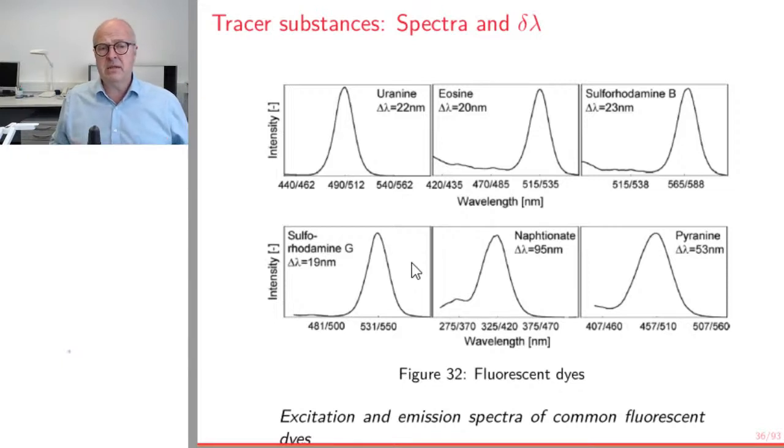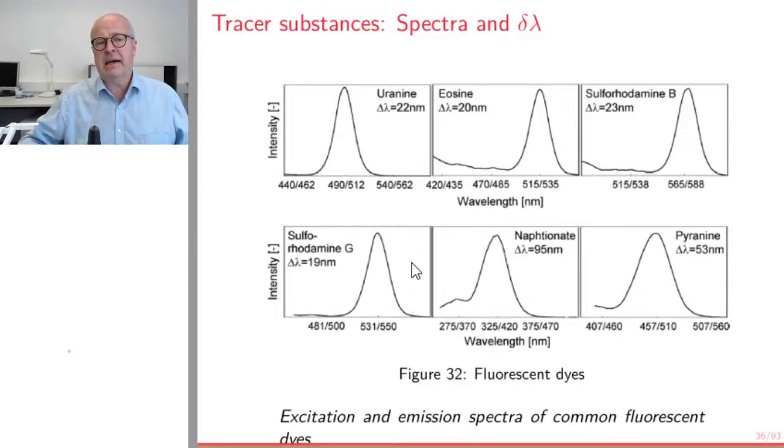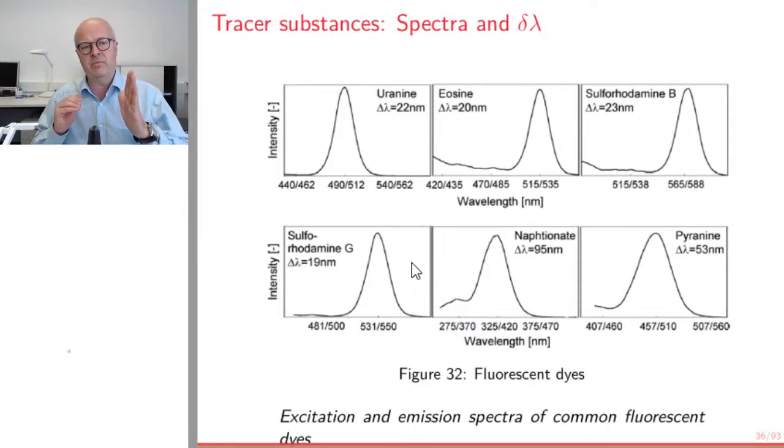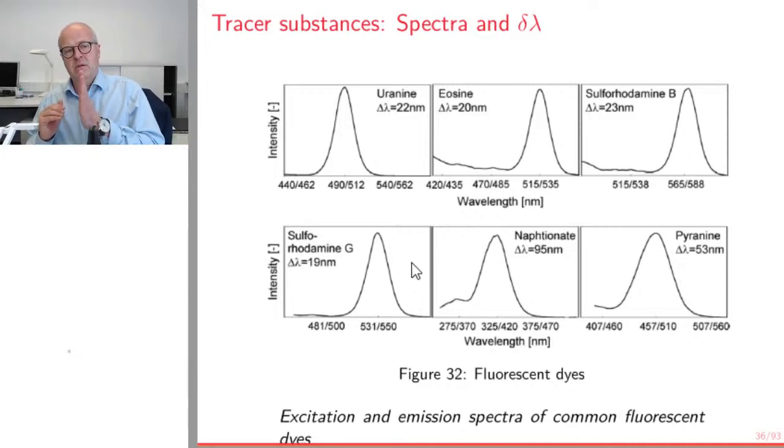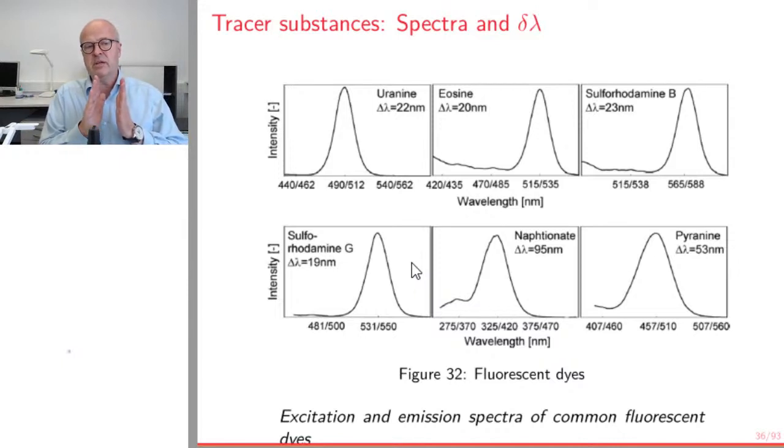If you have a good device that can change the excitation wavelength with the prism that you turn, and with which you can also define that you always want to measure the light produced by fluorescence at a delta lambda shift, in this case 22, I calculated 25, at this shift you can produce light from 350 nanometers to 700 nanometers, and you have your sensor monitoring at plus 22 or plus 25 nanometers.